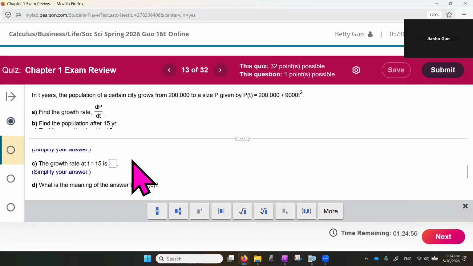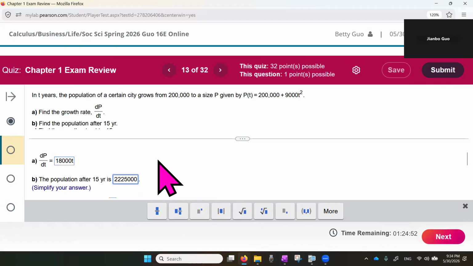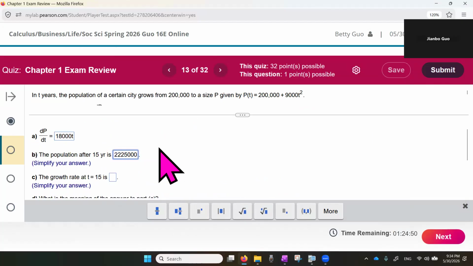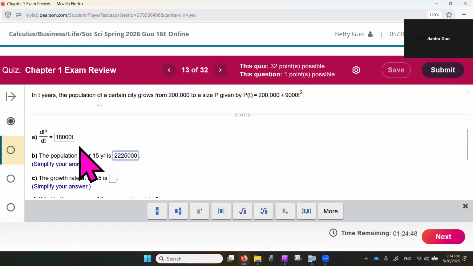All right, part C. The growth rate at t equals 15. To find part C, we need part A. Okay, that's the growth rate function. So we're gonna plug in t equals 15 in this function to find the growth rate at t equals 15.